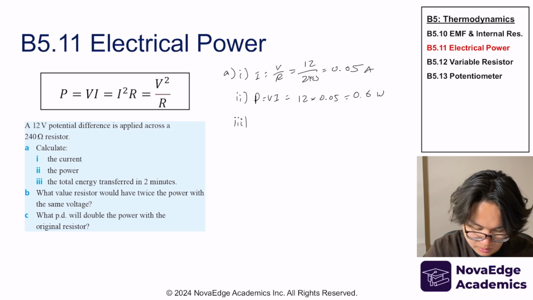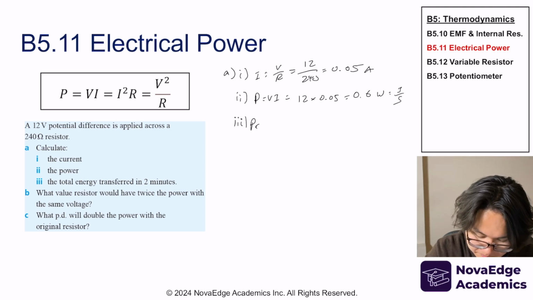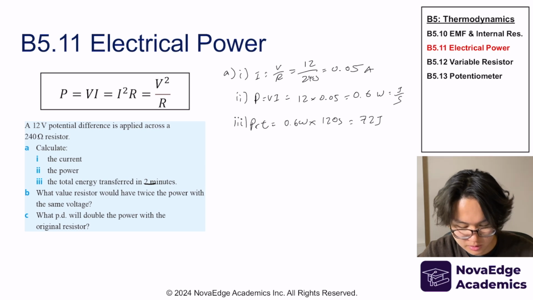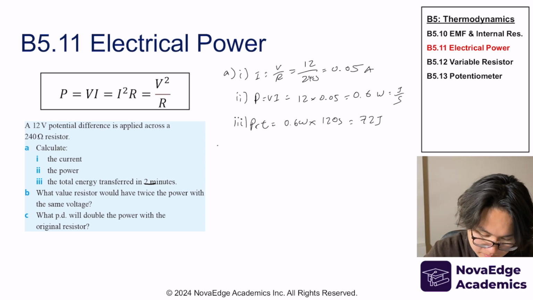Part 3, the total energy transferred in 2 minutes. Well, power is joules per second, right? So if I do power times time, 0.6 watt times the time, 2 minutes, so that's 120 seconds, I get 72 joules of energy transferred.